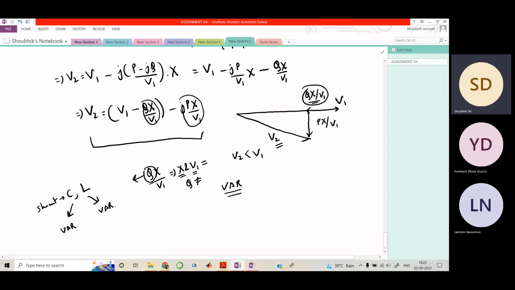So for example, if a line needs reactive power, we can connect a capacitor to deliver that amount of reactive power to keep the receiving end voltage constant. And if a line has too much reactive power which is bringing down the receiving end voltage, we can connect these shunt inductances. So this is what is meant by compensation.